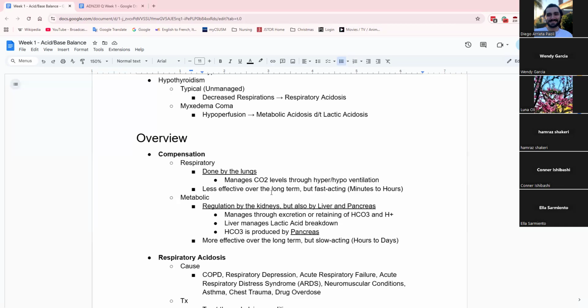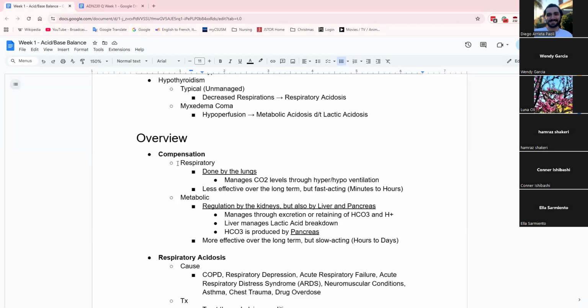Your pancreas is also contributing because it's producing the bicarbonate. So somebody that is having issues with their pancreas, pancreatitis, whether chronic or acute, might be having acid-base imbalance, metabolic acidosis, due to the lack of bicarbonate in the body. So these are some things to keep in mind.